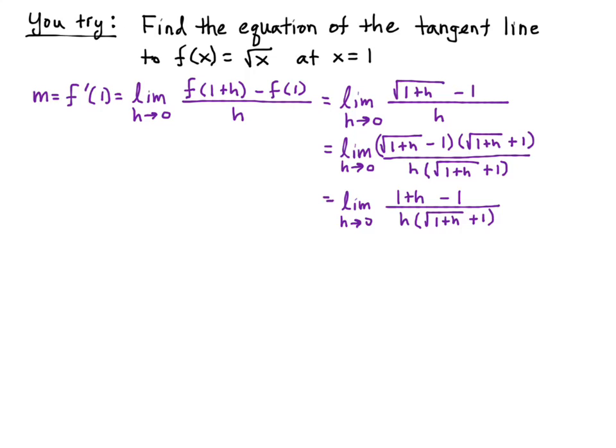And then we have the 1 minus 1, so that's going to drop out, and we just get plain old h in the numerator, and notice we have a plain old h in the denominator too. So this will work out to be just what was the conjugate in the denominator left over, and that no longer goes to 0. This thing, as h goes to 0, becomes 1/2. So we know the slope of this line is 1/2.